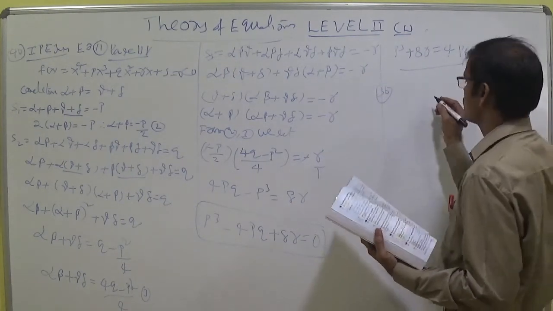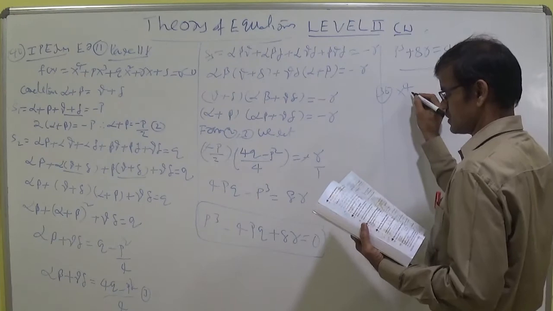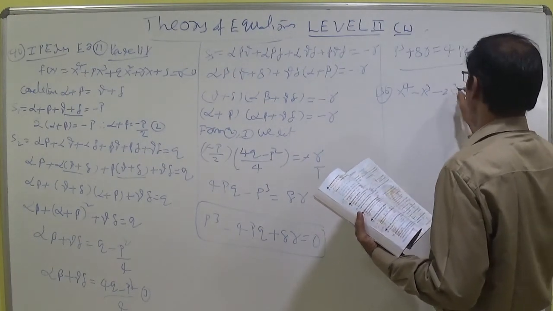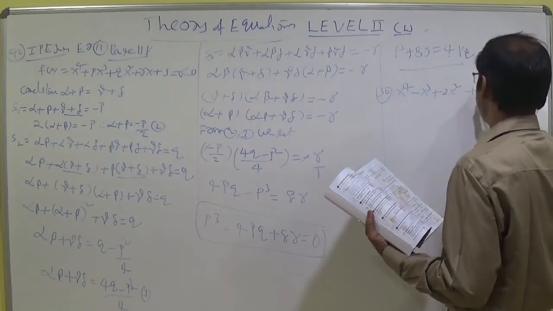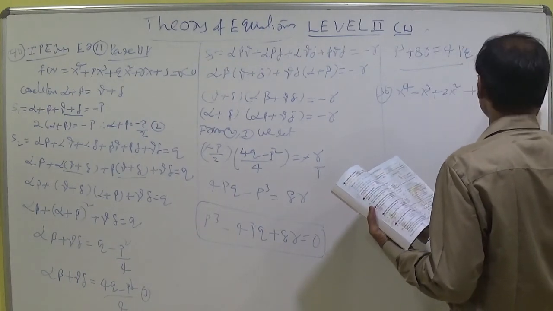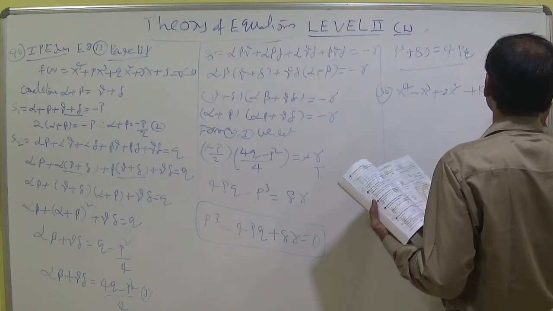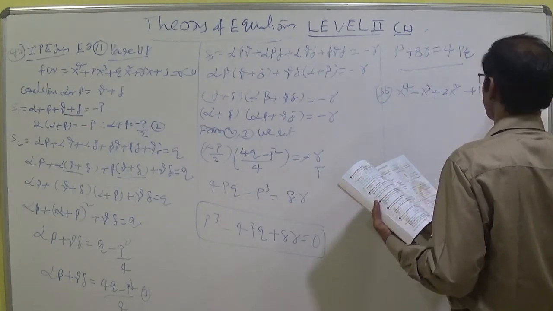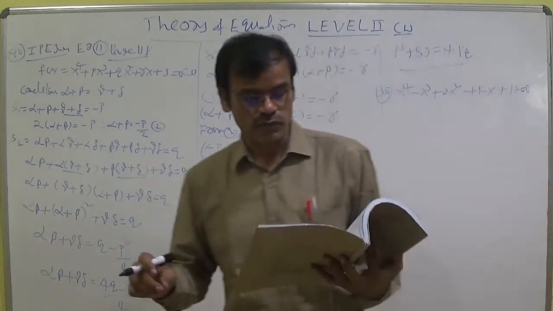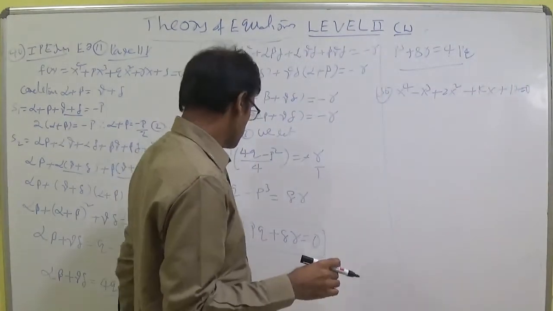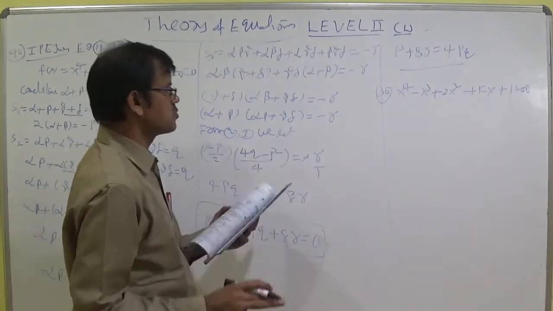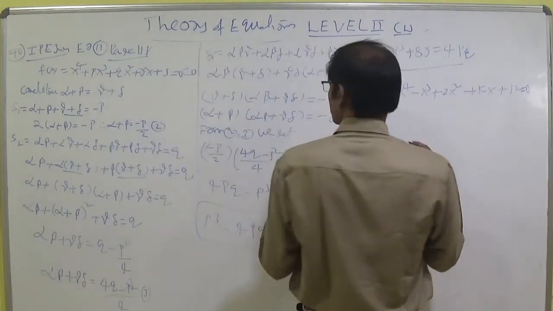36th, now you see. 36th f of x is equal to x power 4 minus x cube plus 2x square plus kx plus 17 equal to 0. In MCET exam, whether Telangana or Andhra, the chances are there to ask these types of questions. Now, in MCET only, not in mains students. x power 4 minus x cube plus 2x square plus kx plus 17 equal to 0.